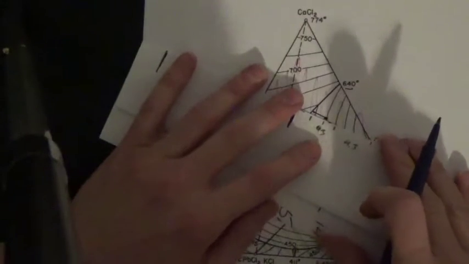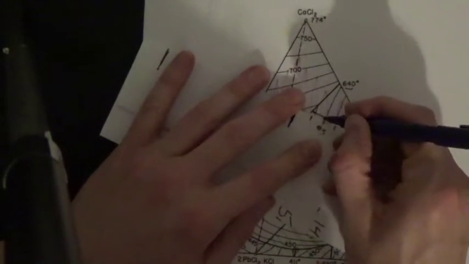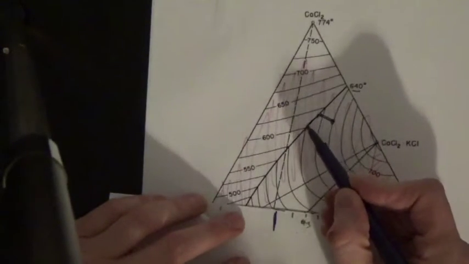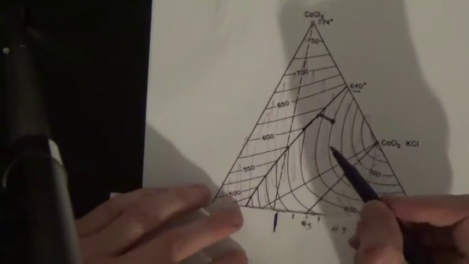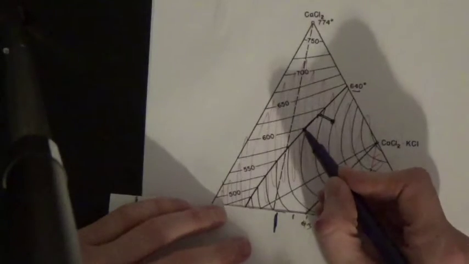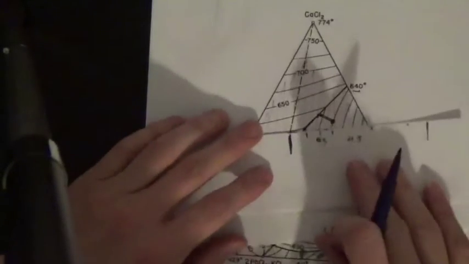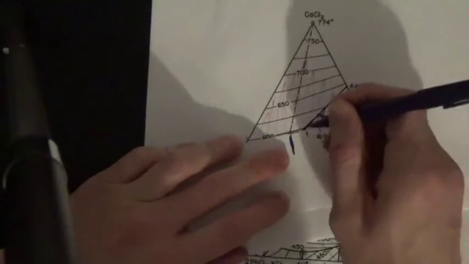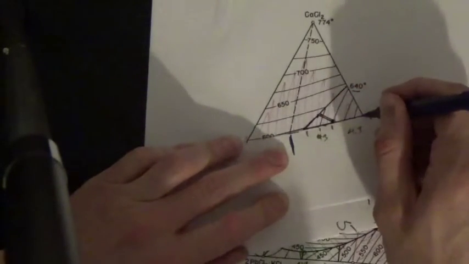We keep cooling down. I said 600. So at 600, then we draw the tie line here.